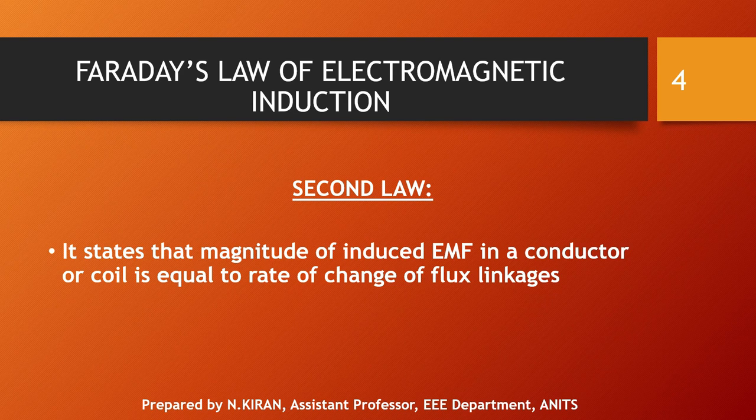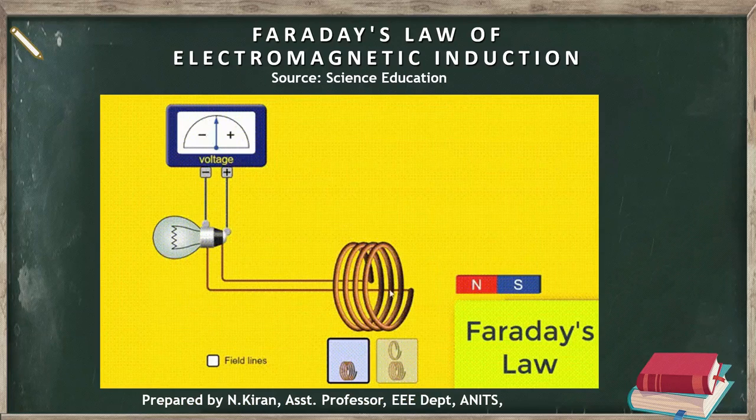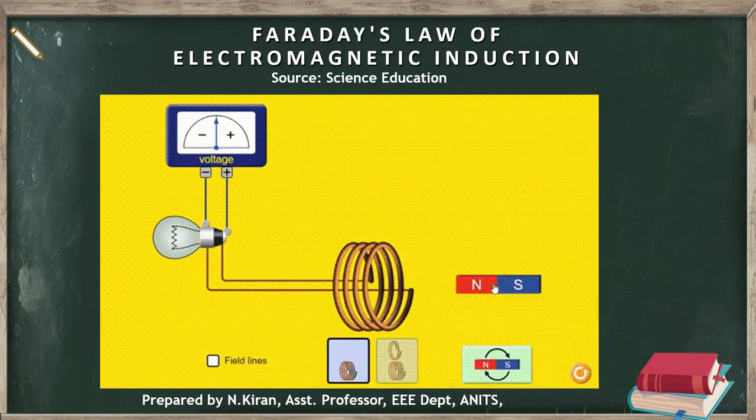So here is a small illustration of Faraday's law. I have a coil connected to a galvanometer with a bulb indicator and a bar magnet. When the north pole is brought towards the coil, you can see that due to the change in flux, it deflects in one direction, and when the south pole is brought towards the coil, it deflects in another direction.